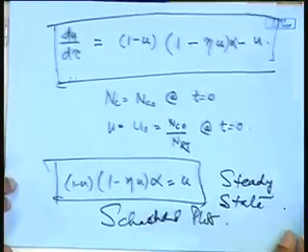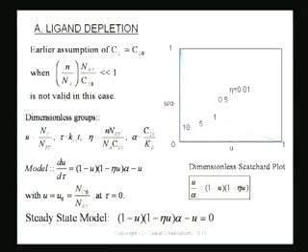Let us now go to the screen. What we have over here is a sketched plot: u over alpha equals 1 minus u times 1 minus eta u, and this is how it varies.